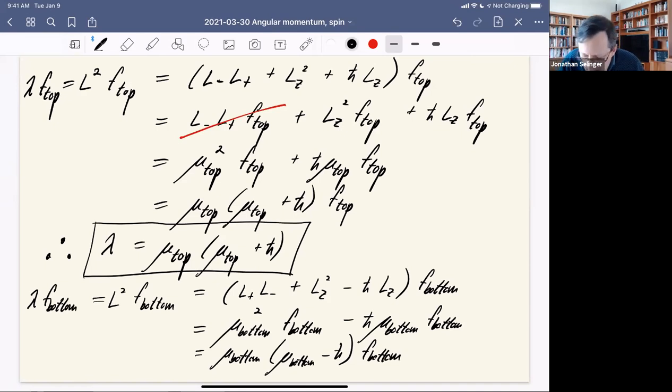So this gives us another equation relating lambda, but where am I going to write it? I'll write it over here, I guess. Lambda equals mu bottom times mu bottom minus H bar.